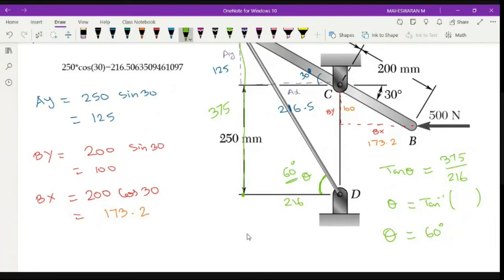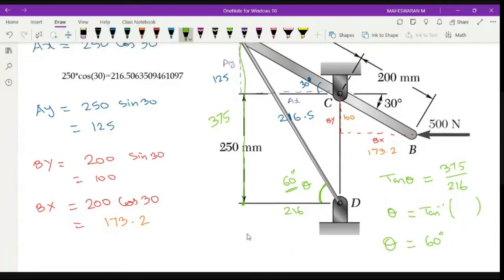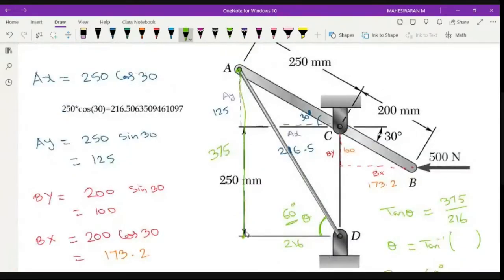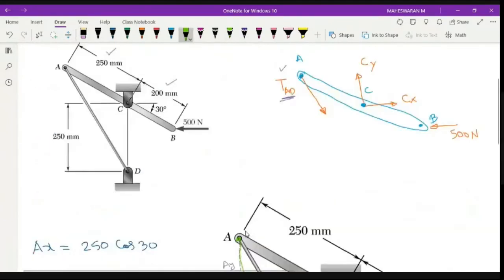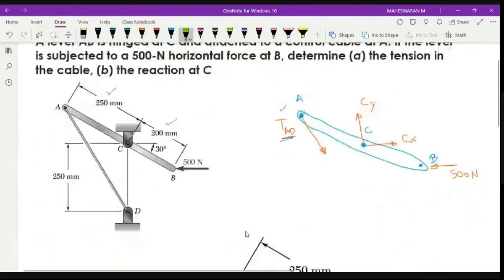Now I have identified all my forces, and everything is done. The only thing is I have to solve this. I have to say that sigma Fx is 0, sigma Fy is 0, and the moment is 0.